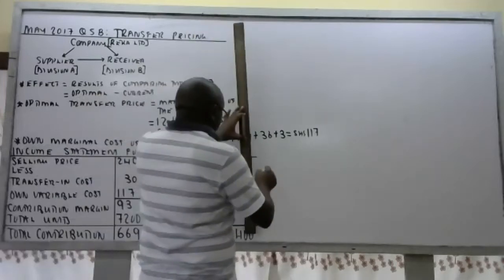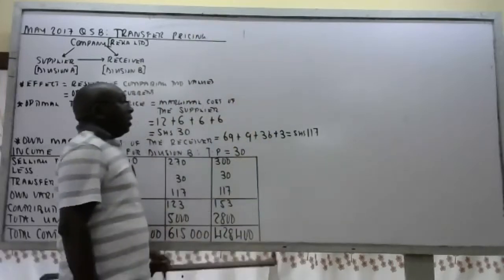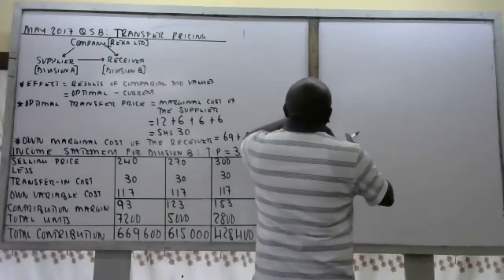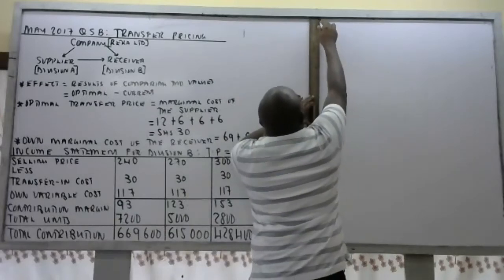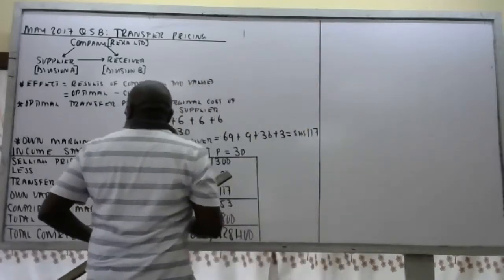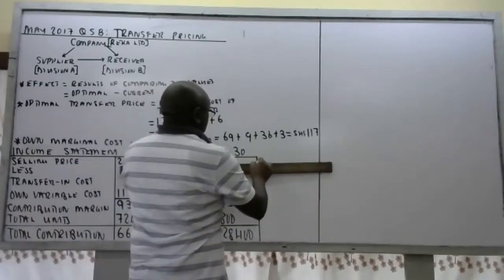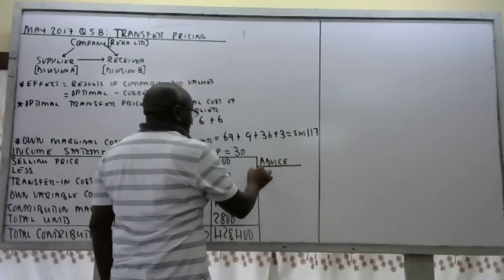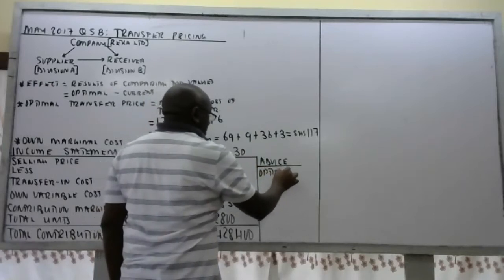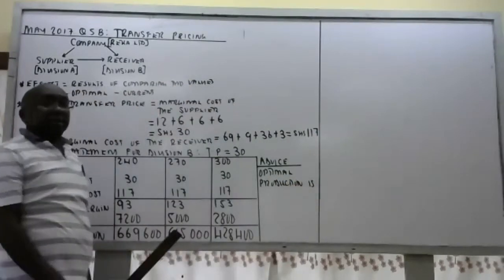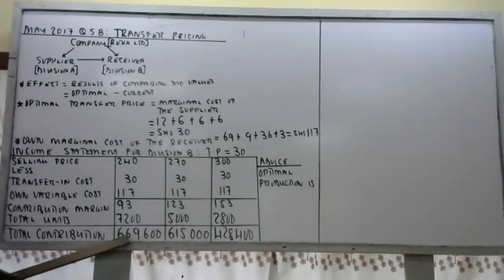So that means, the advice down there is that optimal production, you now go for the one with the highest profit, this one, 669,600.